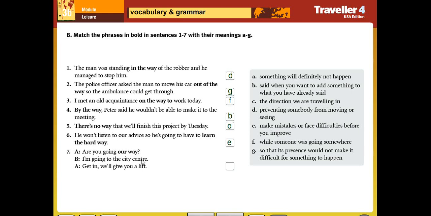I'm going to the city center. Oh, get in. We'll give you a lift. Here, our way or my way or your way means the direction we're traveling in. Okay?